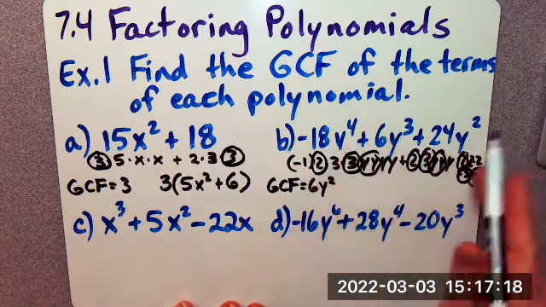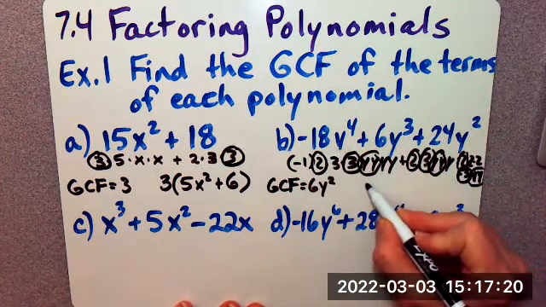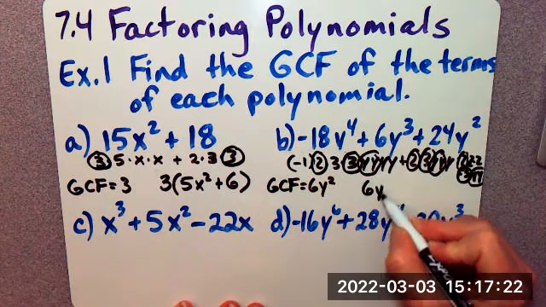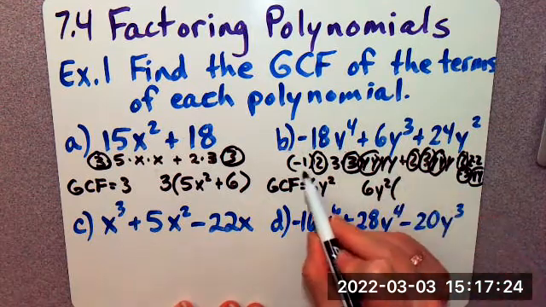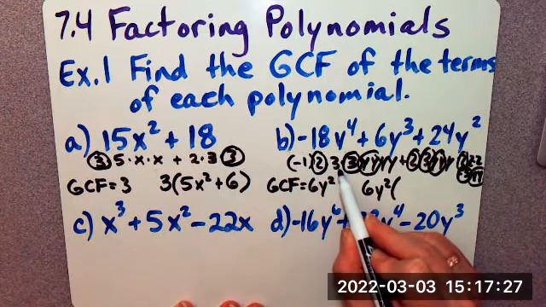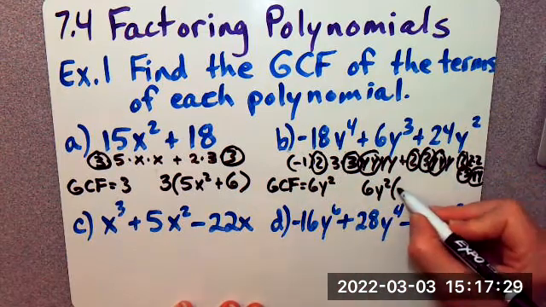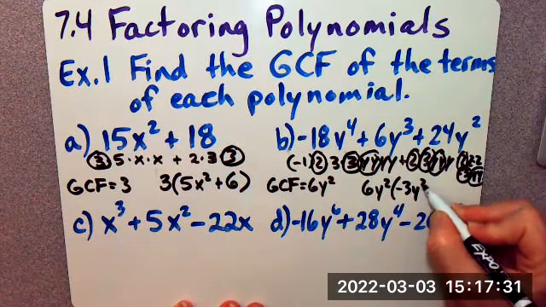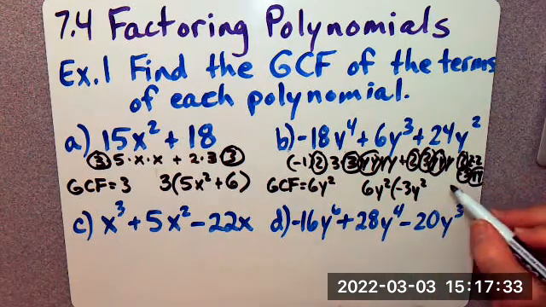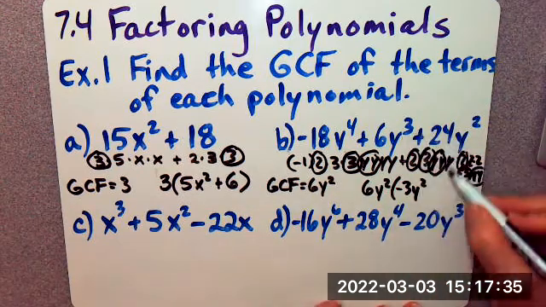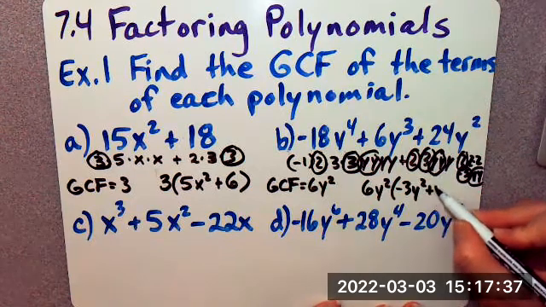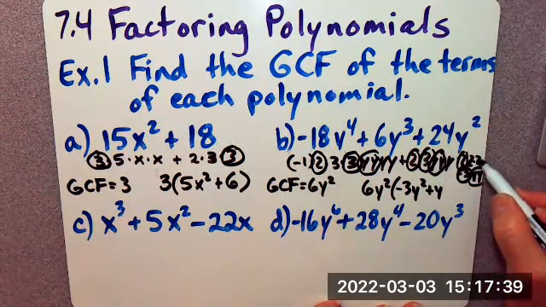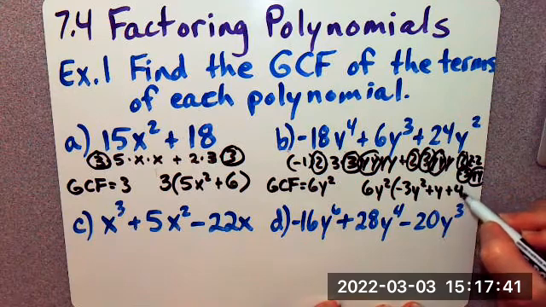So if we were to factor this polynomial, we would write 6y squared, and what's left is -1 times 3 times y squared. So that's -3y squared. And then this one, we took that out, we just have plus y left over, and then we have plus 4.